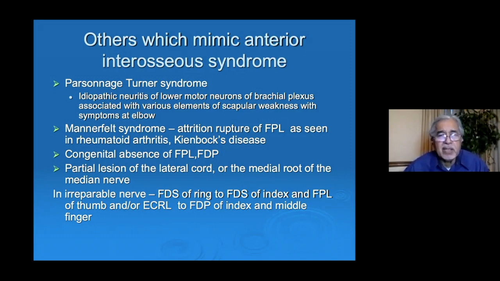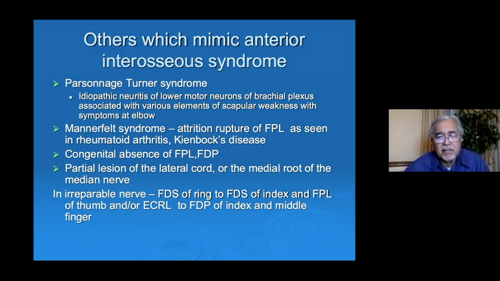There are other diseases which may mimic anterior interosseous syndrome. Parsonage-Turner syndrome is basically an idiopathic brachial plexus neuropathy, but it starts with an acute pain in the scapular area as well as weakness. Mannerfelt syndrome is another one where there's an attrition rupture of the FPL, as we see in rheumatoid arthritis, Kienbock's disease, which essentially erodes the FPL tendon, resulting in rupture of the FPL tendon, and the patient cannot flex the thumb, suggesting that it's possibly anterior interosseous syndrome.